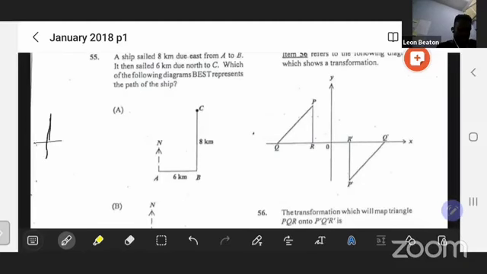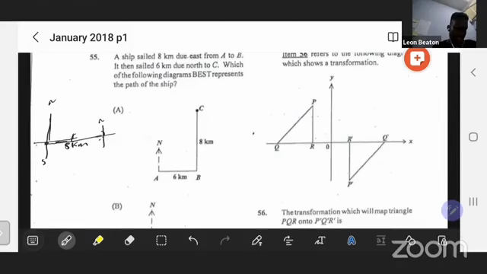So the ship sailed 8 km east. So from here, it's sailed 8 km. So let's put 8 km. And then it's sailed 6 km due north. So from here, you have north.